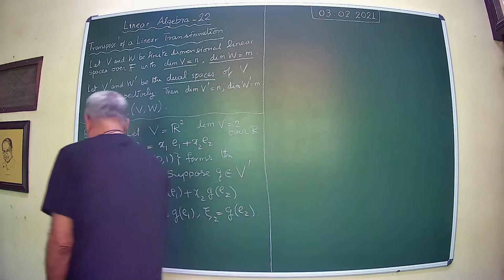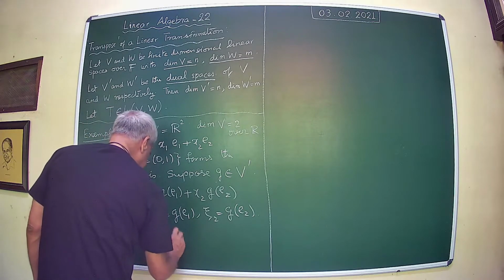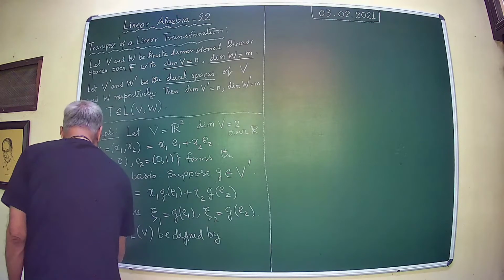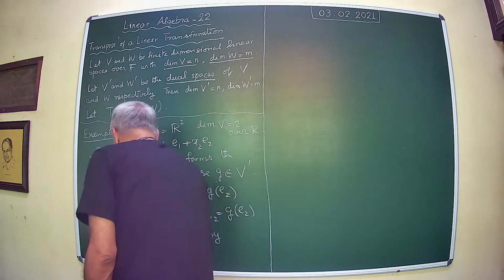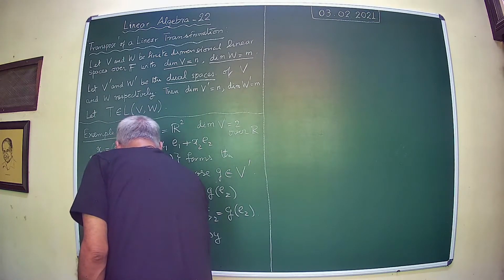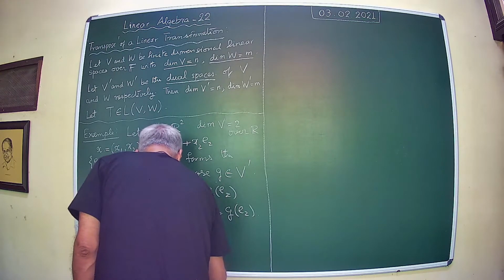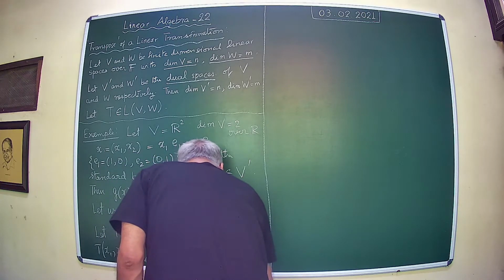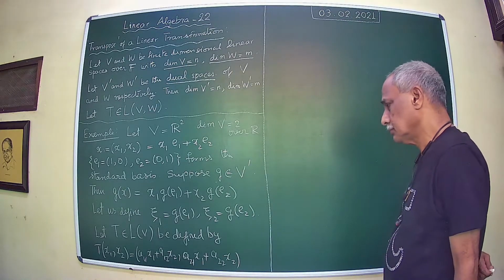Now let T belong to L(V) be defined by T of (x1, x2) equal to (A11 x1 plus A12 x2, A21 x1 plus A22 x2).